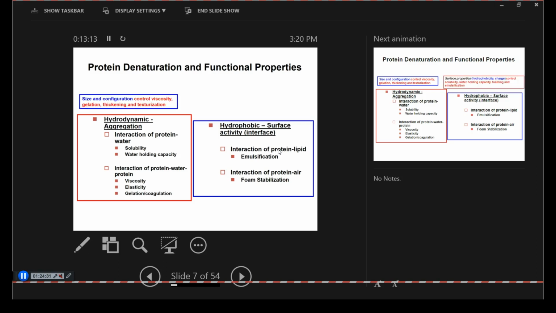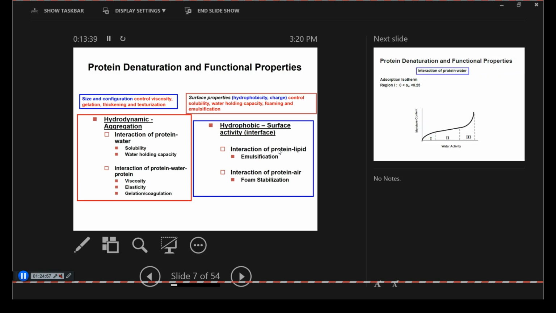For hydrodynamic aggregation, the main impact factors are the size of the protein and the configuration of the protein. Is it a globular protein, a constructed protein? And this controls viscosity, gelation, thickening, and texturization properties. Okay.